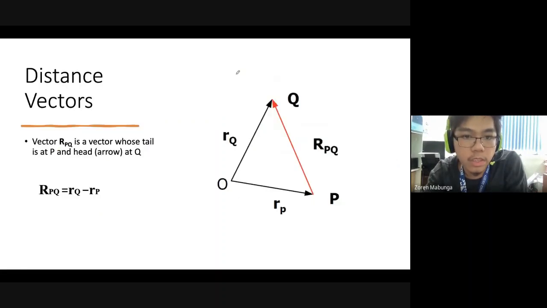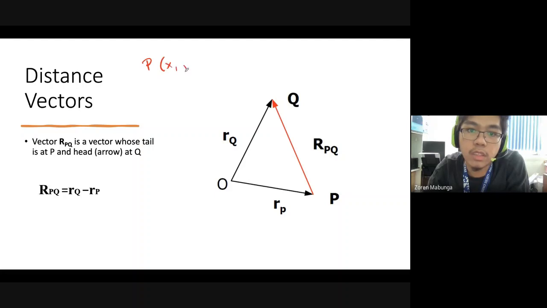Okay, so proceed tayo sa distance vectors. So ito is another type ng vector. So for example, meron tayong vector RPQ. This is a distance vector whose tail is at P and yung head niya or yung arrow is at Q. So, pwede nating makuha yung value niya. Halimbawa, meron kang given na dalawang points. Point P, x1, y sub 1, z sub 1.